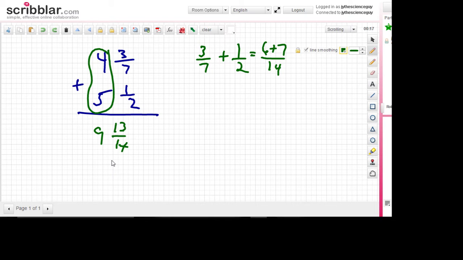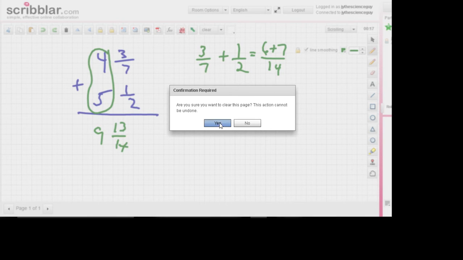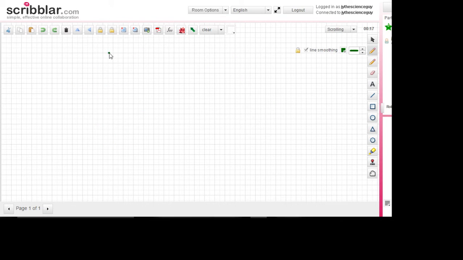That would be the answer. But now if the top number was, say, 15 over 14, then you would change it into a mixed number again. So let me give you one that looks like that. I'm going to adjust this a little bit and do the exact same thing again.